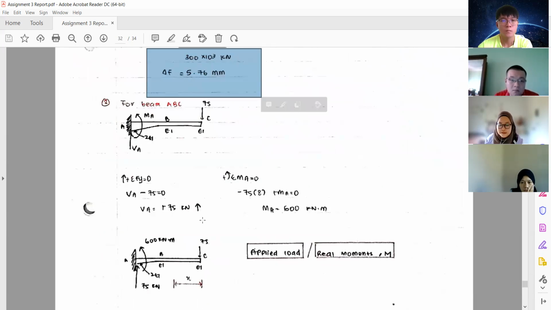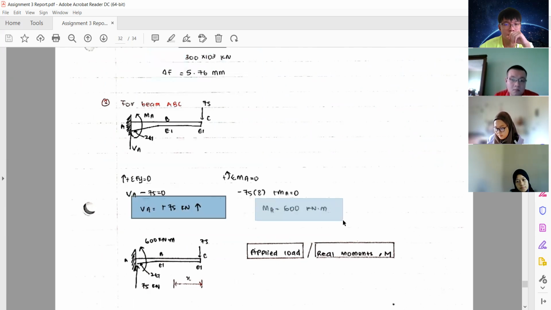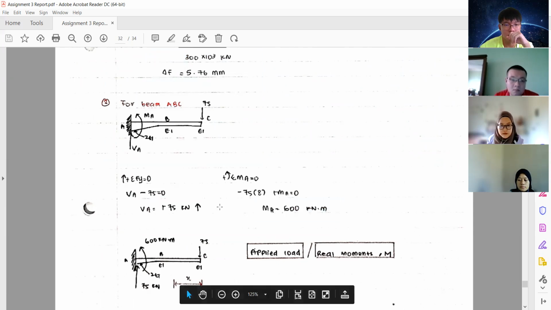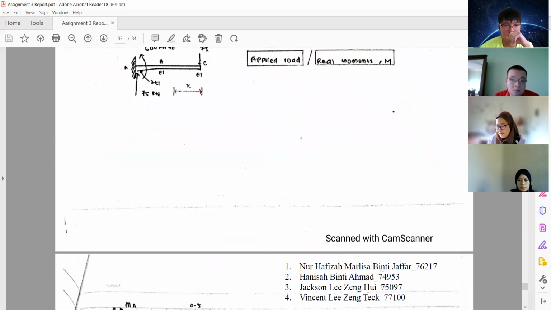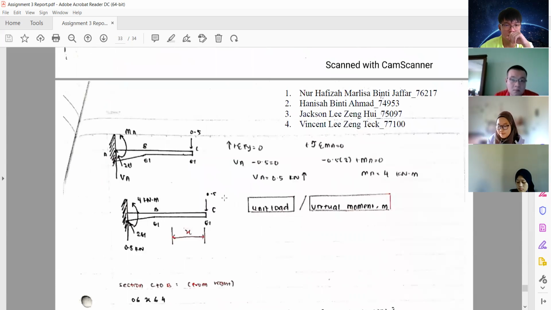So for the second part, for beam ABC, I determine the reactions. So I get 75 and also 600 for the moment at N. That is for the real moment.